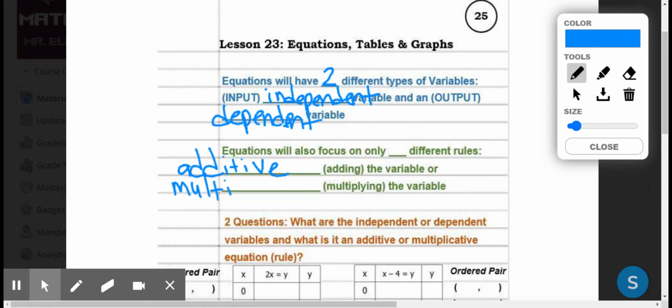Just think multiply, but we're going to change it into an adjective where it says multiplicative. That is supposed to be a C. These are the two rules that we're going to focus on: two different variables and mainly two different rules when we're looking at equations, tables, and graphs.